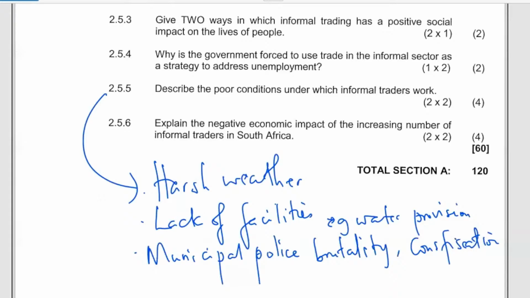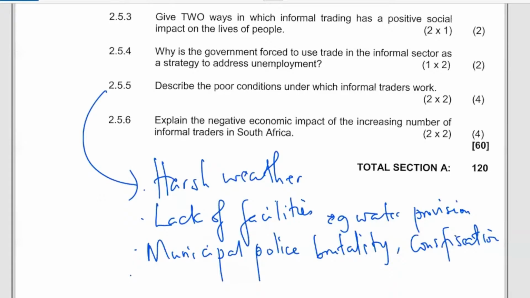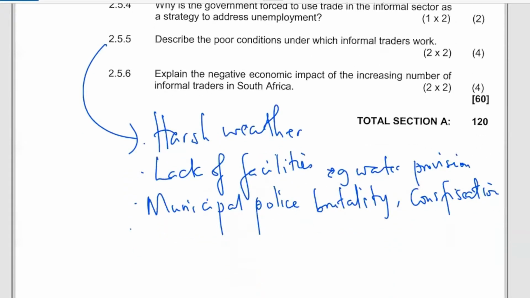Sometimes the municipal police confiscate the wares of the informal traders, which is a harsh condition of operation as they work. Right. Those are some of the conditions. They are not limited to that. You can come up with other harsh conditions in the way in which the informal traders operate.